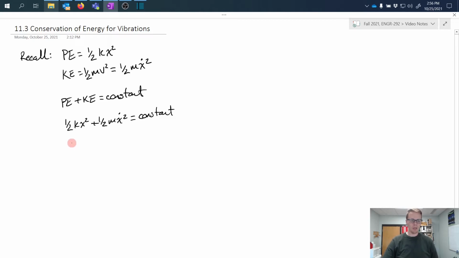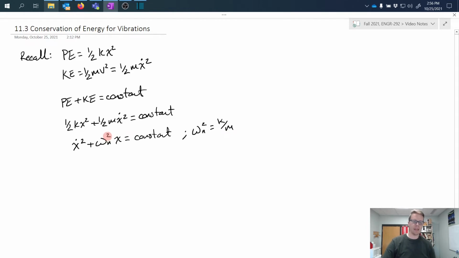What I end up left with is an equation of the form x dot squared plus omega n squared x squared equals a constant. Now, recall that omega n squared is equal to k over m.